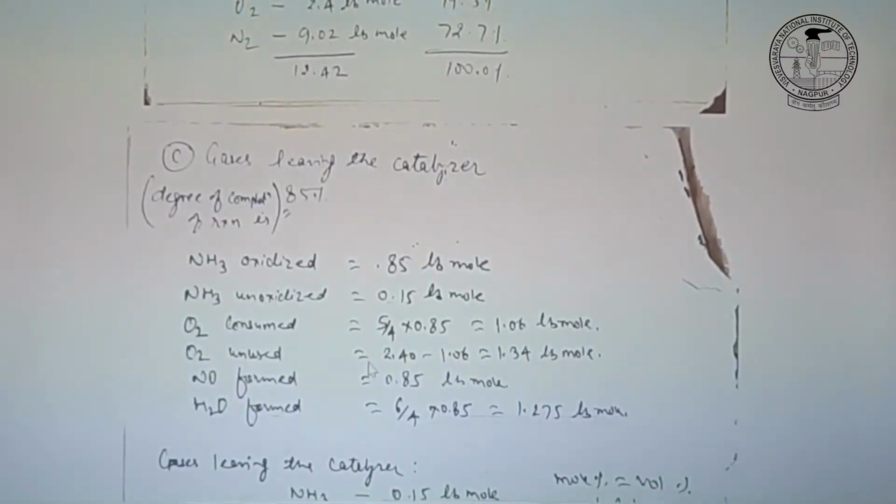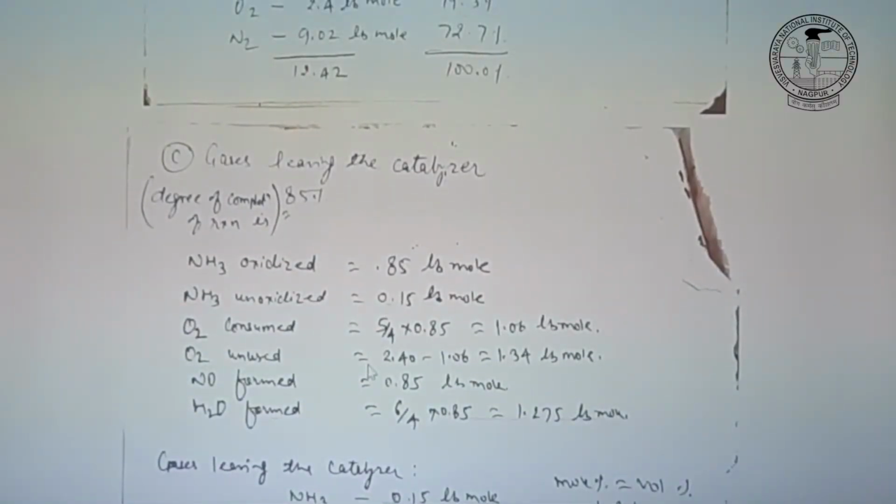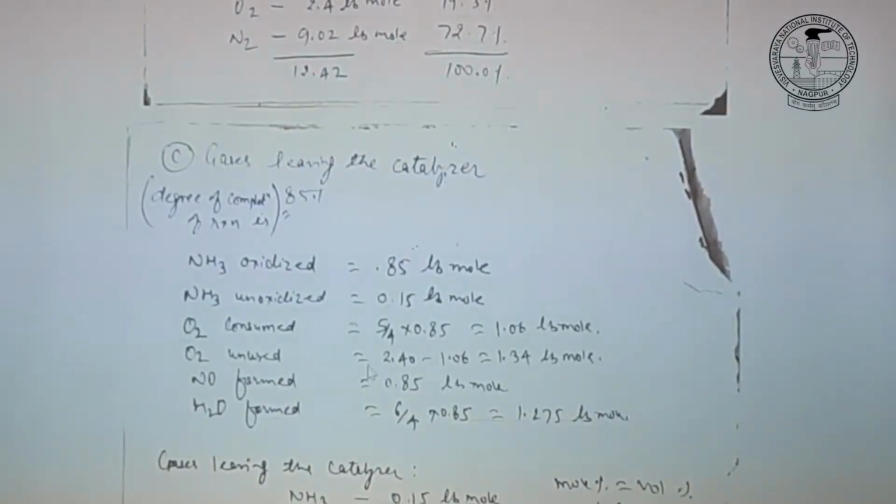Then for water, again you have to see the stoichiometry: 6 by 4 multiplied by 0.85, because ammonia will be the limiting reactant. So everywhere we are taking care of that. 6 by 4 multiplied by 0.85 is 1.275 lb mole of water in the form of vapor.